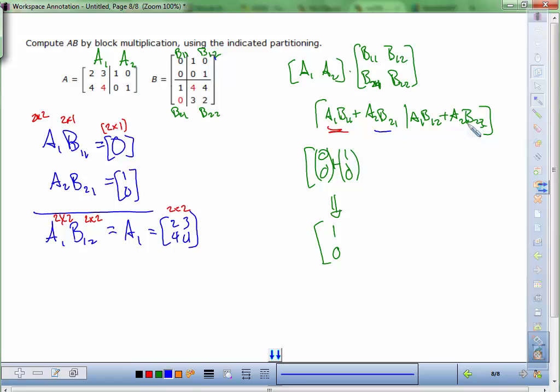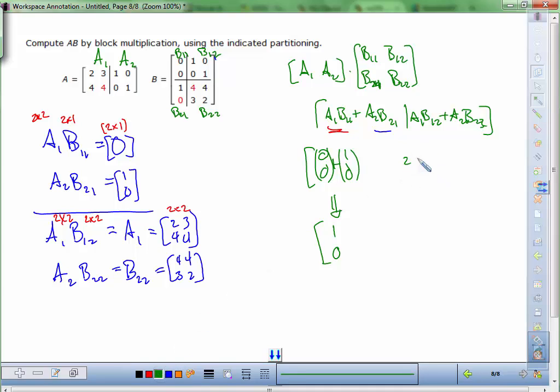And then the last bit that we need is A2 times B22. This time A2's identity matrix, and all we have left is B22, which is 4, 4, 3, 2. So we have that over here.